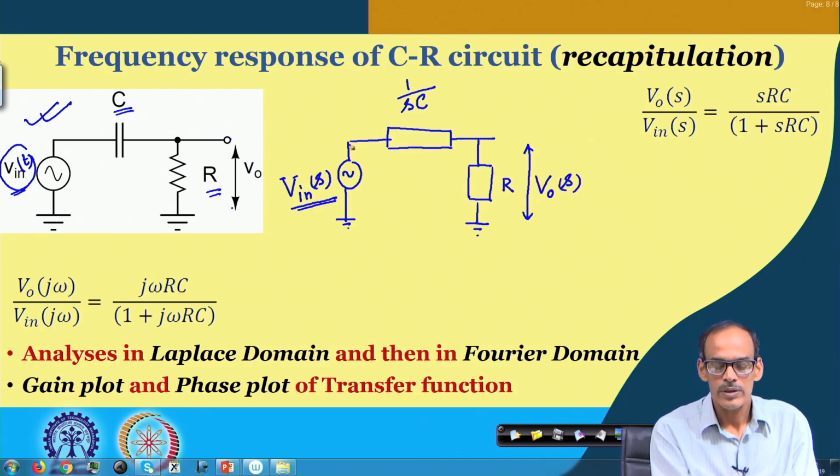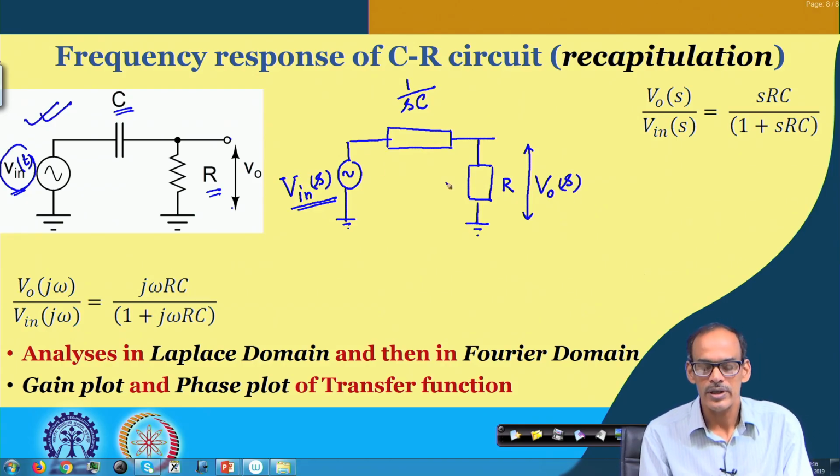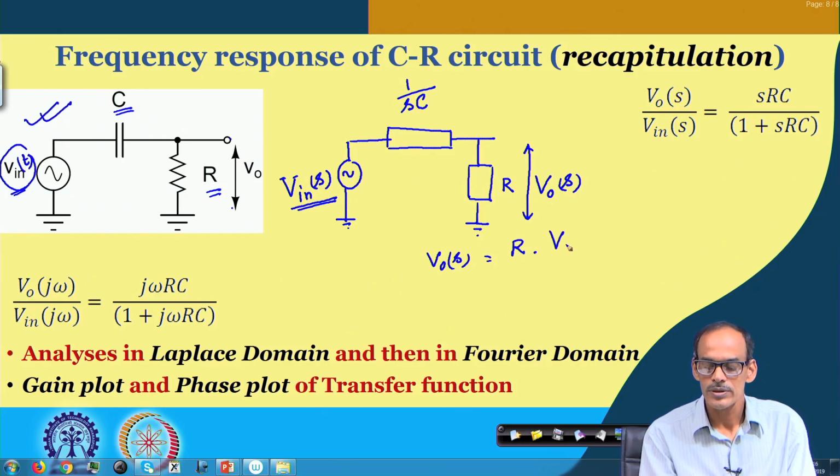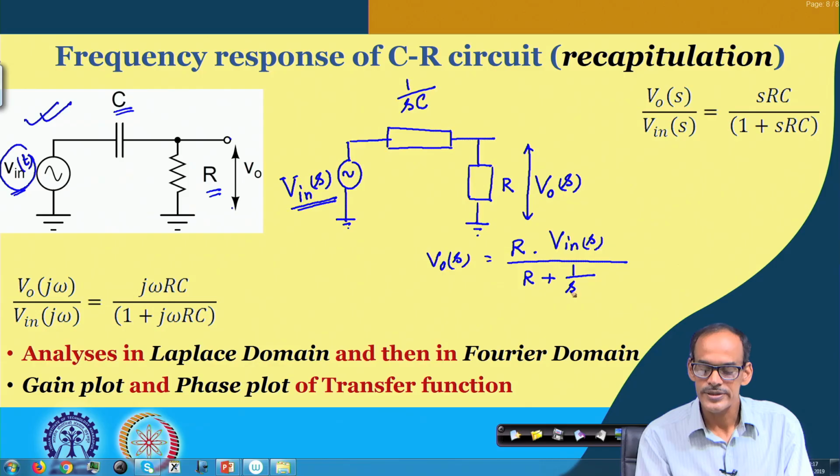So, if we simply analyze this circuit, what we are getting is that V out, V O(s), equals R into the current flow, which is V in(s) divided by the series connection of R and the capacitor, so R plus 1 by sC.